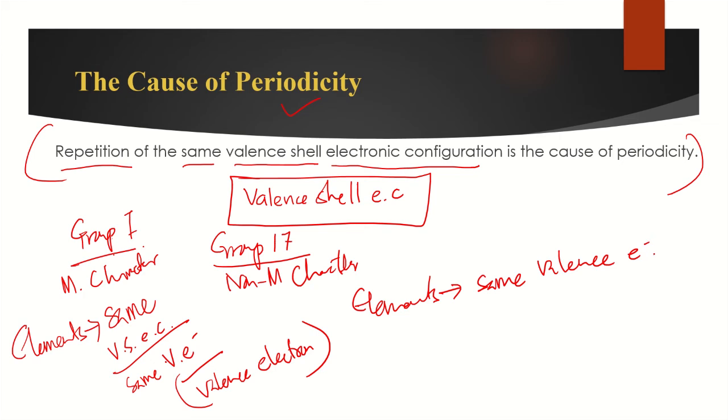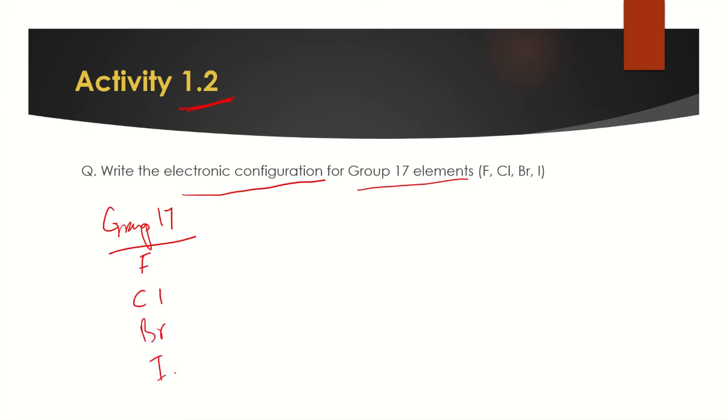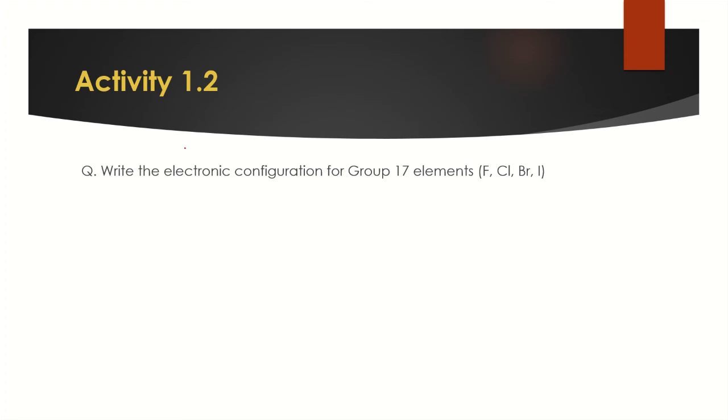Now to understand it more clearly, let us write the electronic configuration for group number 17 to understand the cause of periodicity. In group number 17, we have the elements fluorine, chlorine, bromine, iodine, astatine, but here we'll go till iodine. By following the 2n squared rule, let us write the electronic configuration.